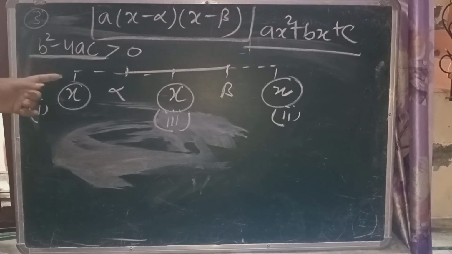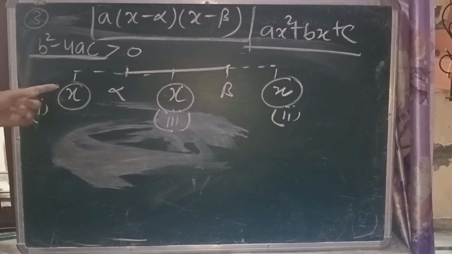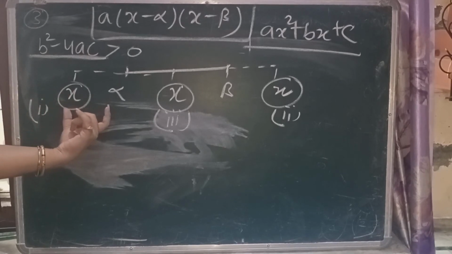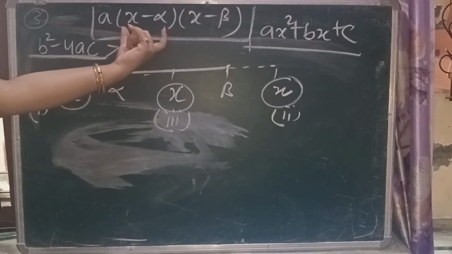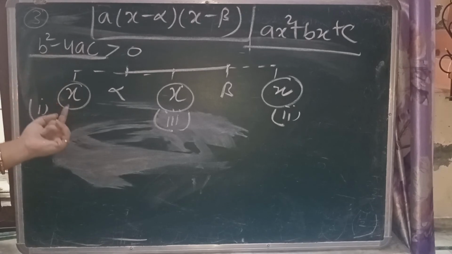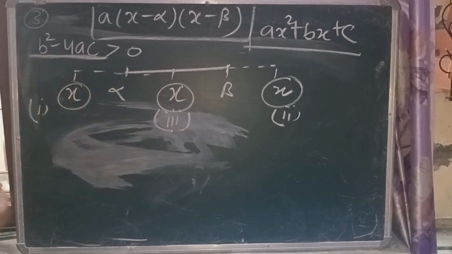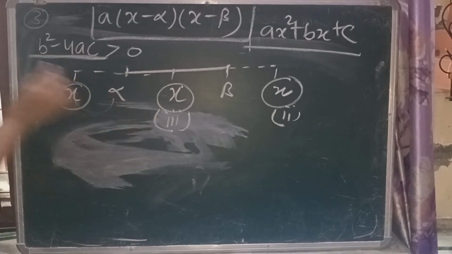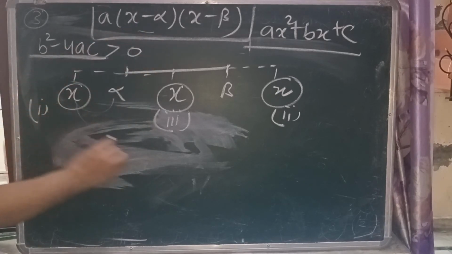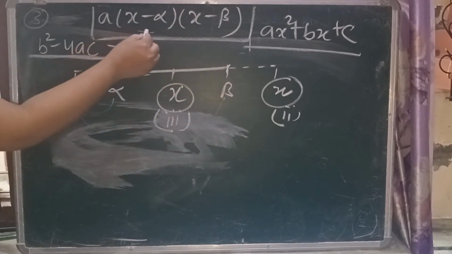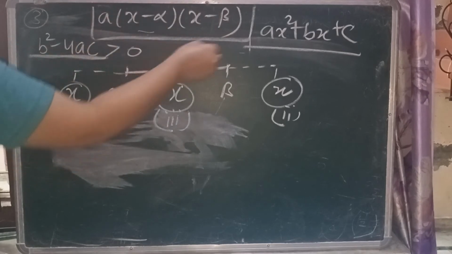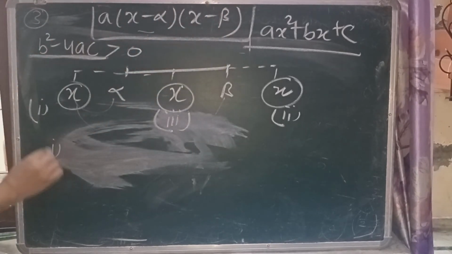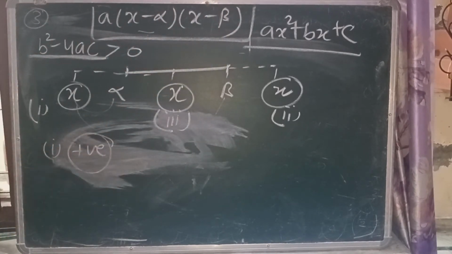In the first case, x is less than alpha, so x minus alpha will be negative. You can imagine it will be negative. When x is less than alpha and beta both, x minus alpha will be negative and x minus beta also will be negative. So negative and negative, the complete expression will be positive for the first case.